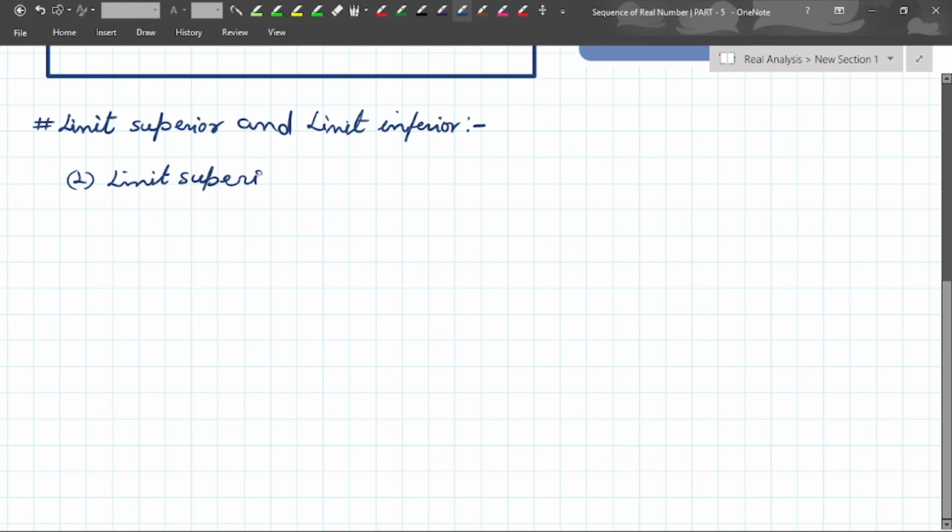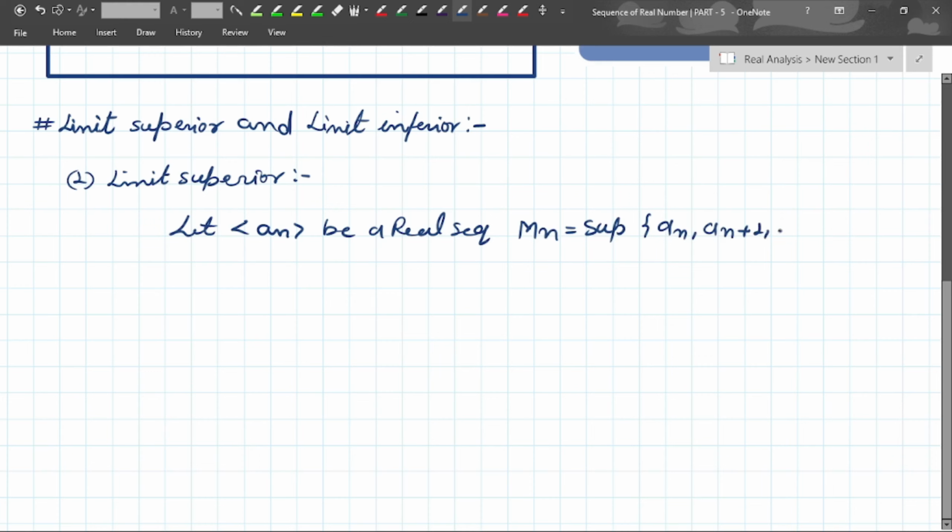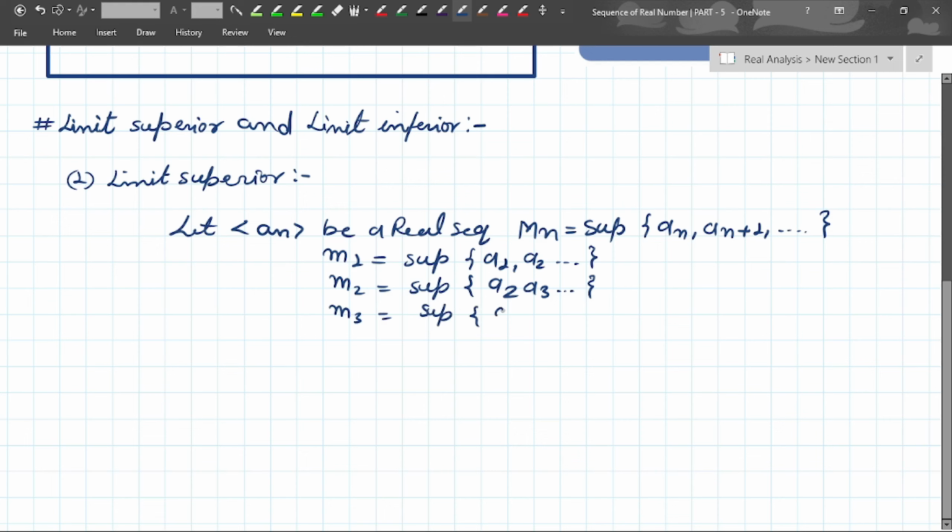Let's say a_n is a real sequence, or the sequence of real numbers, and m_n is nothing but the supremum of a_n, a_(n+1), and so on. So m_1 is the supremum of a_1, a_2, and so on. Let's say m_2 is the supremum of a_2, a_3, and so on. Similarly m_3 is the supremum of a_3, a_4, and so on.